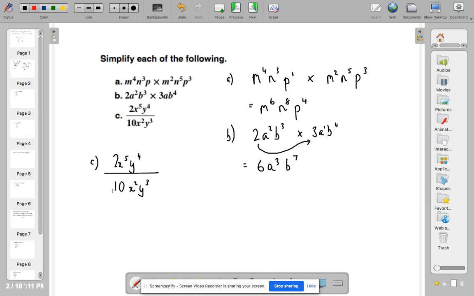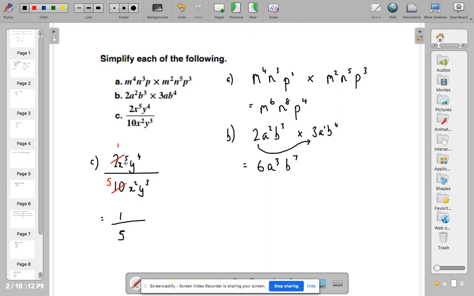We look for the highest common factor, the highest number that goes into both 2 and 10, and that's 2 itself. 2 divided by 2 is 1. 10 divided by 2 is 5. So I've cancelled the numbers. So now I've got a 1 on the top and a 5 on the bottom. We'll come back to those in a minute.